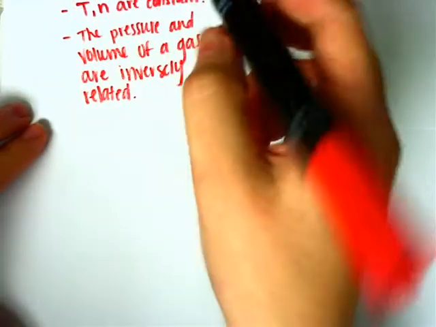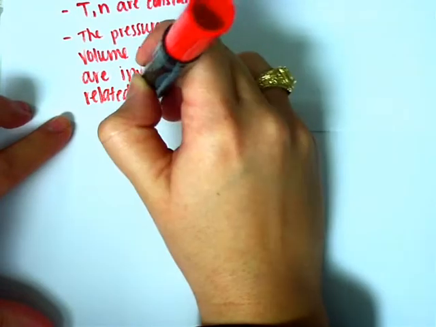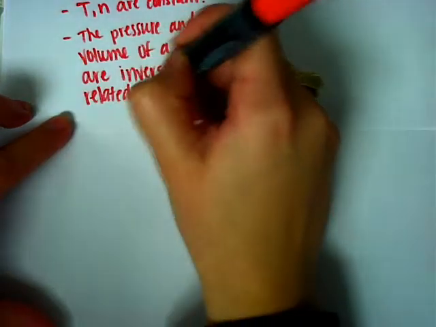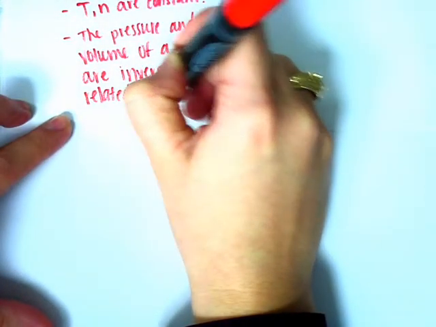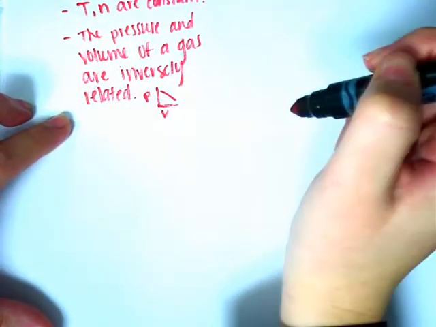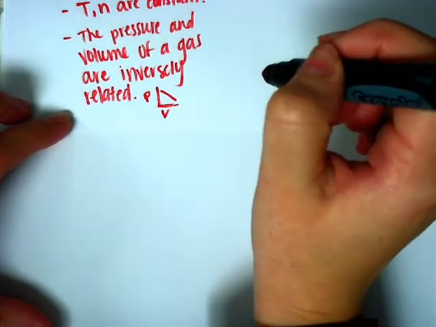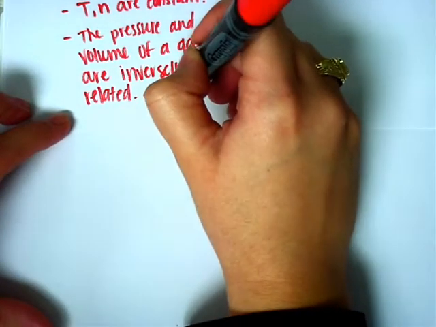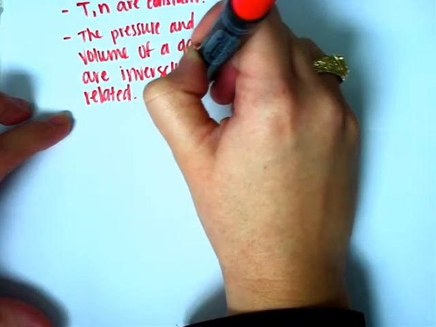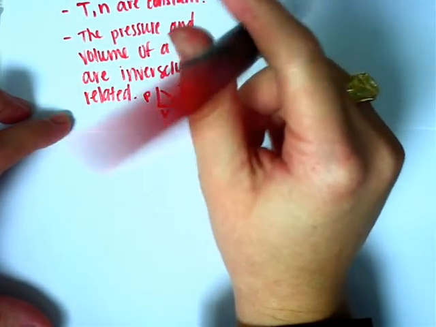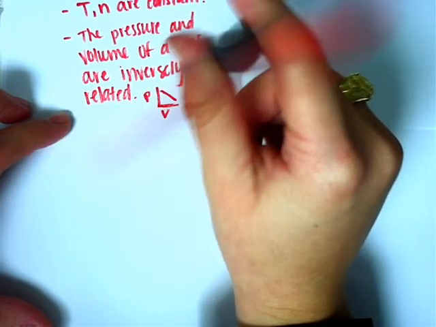So if we were to plot our pressure versus volume, since they're inversely related, it's going to look something like that. So what's another word for inverse? A synonym. So the inverse of something could be like what? The opposite, maybe, right?